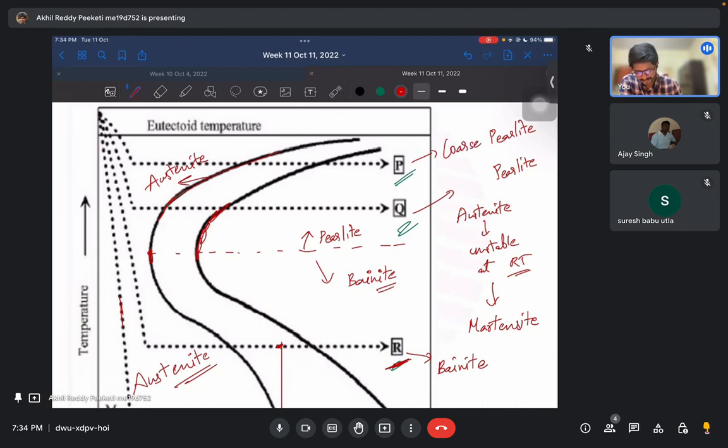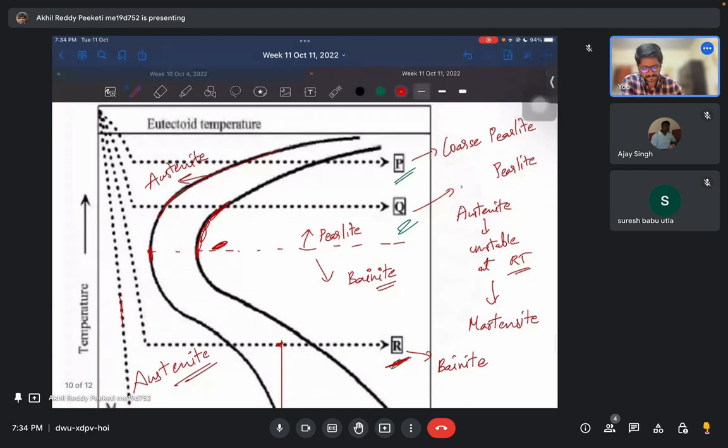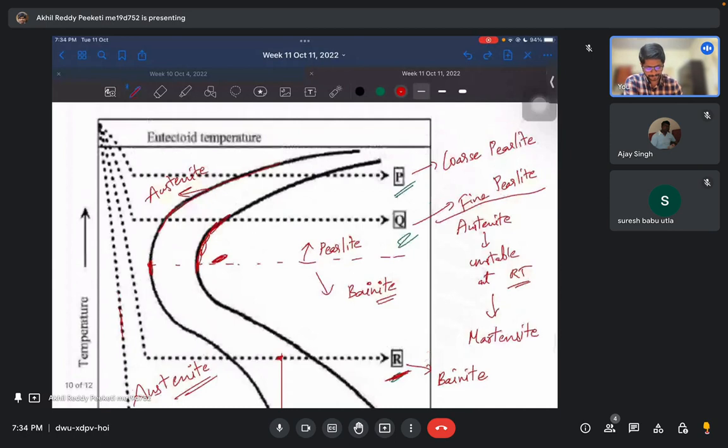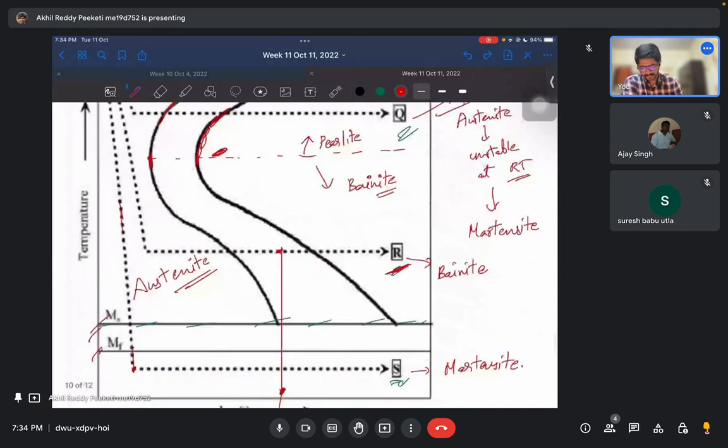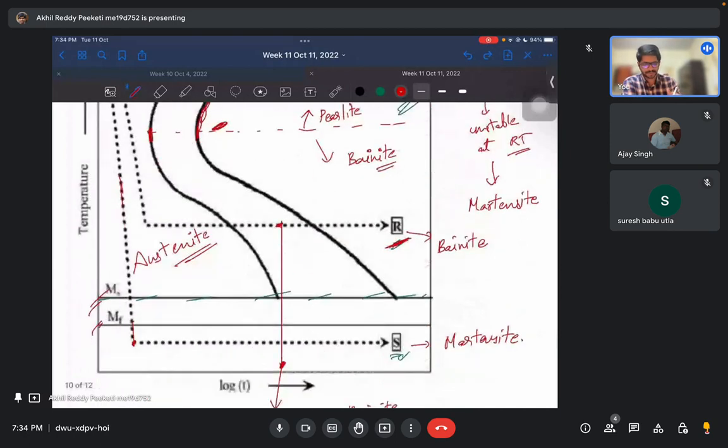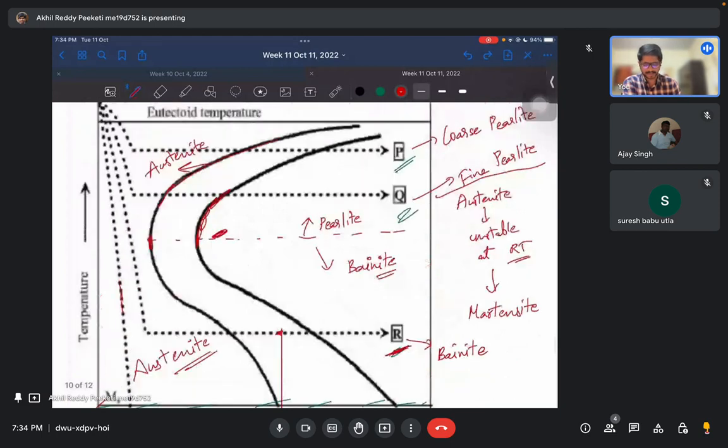So this would be the finest pearlite. So Q you can say medium fine or fine, based on the options you are given. As you move from here to here, it will become finer. So this would be P, Q, R and S. Again we have similar questions, so this will be repeated and maybe you can understand it better.